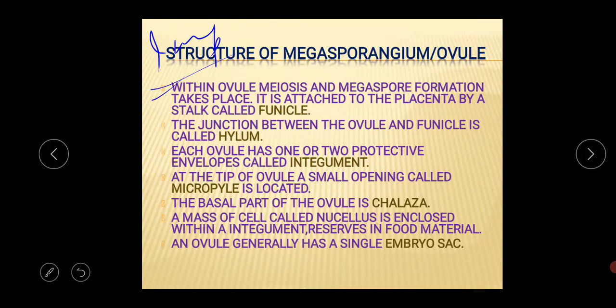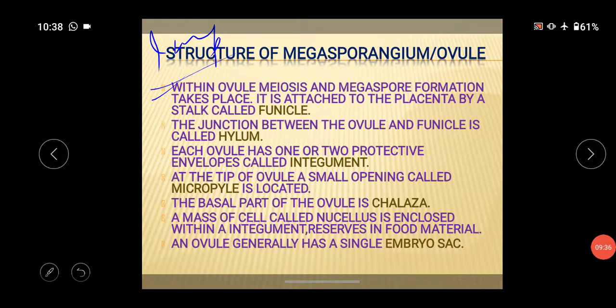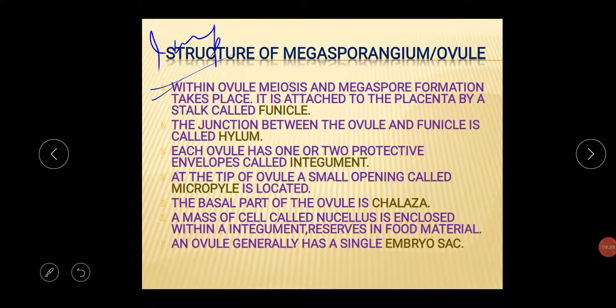Within the ovule, meiosis and megaspore formation take place. There are many terms here that are quite unknown to you, so please go through this portion repeatedly, otherwise you cannot remember each new term.